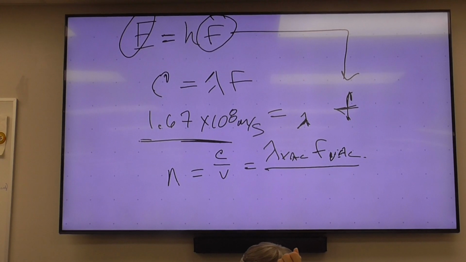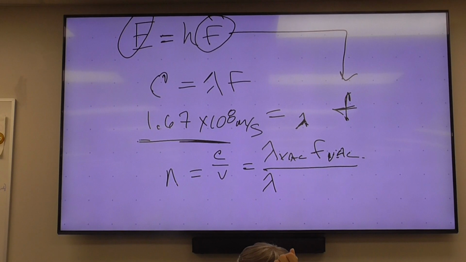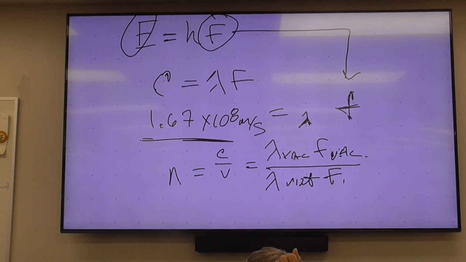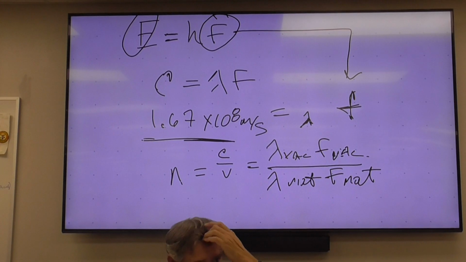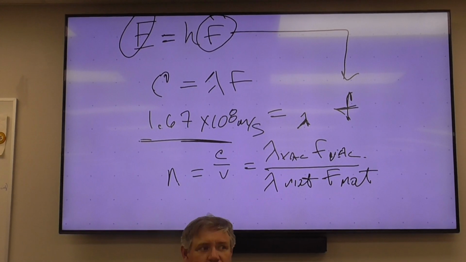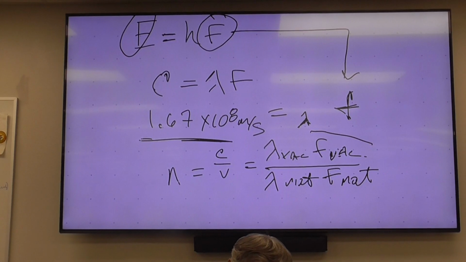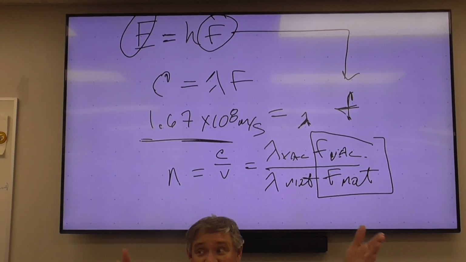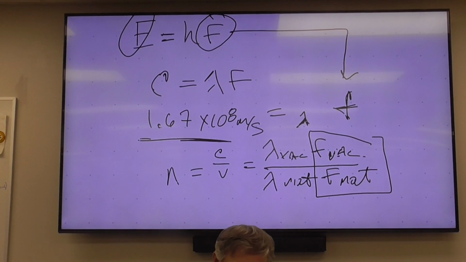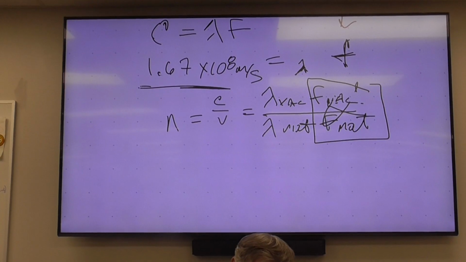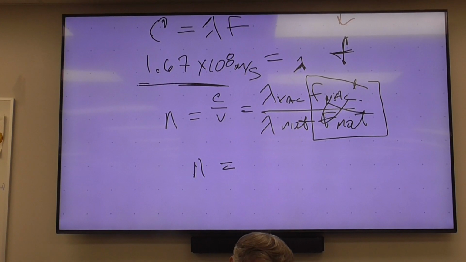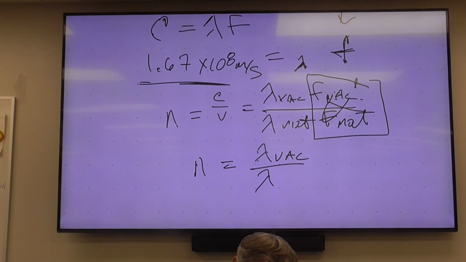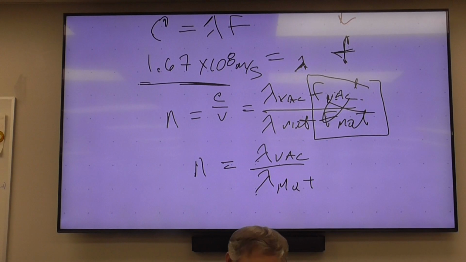Well, my new velocity is going to be the wavelength in some new material times the frequency in some new material, right? But what do you know about these two frequencies? They're the same because the color stays the same. So if those stay the same, you can also look at the index of refraction as being the wavelength in a vacuum divided by the wavelength in some new material.